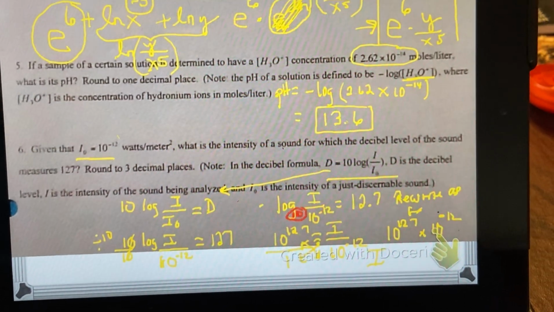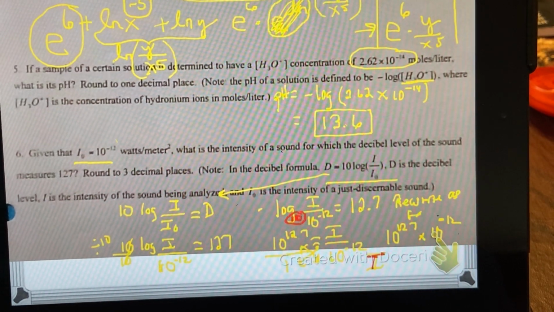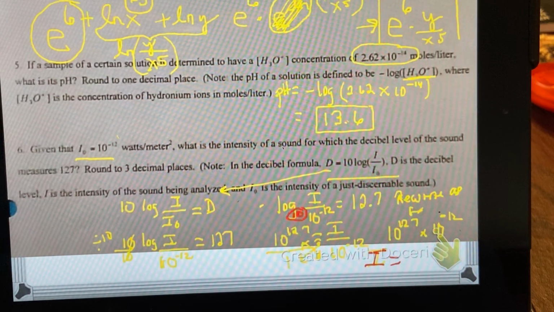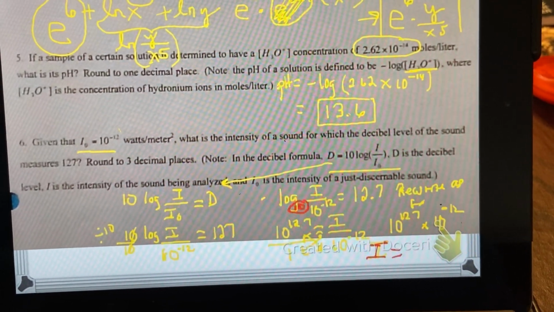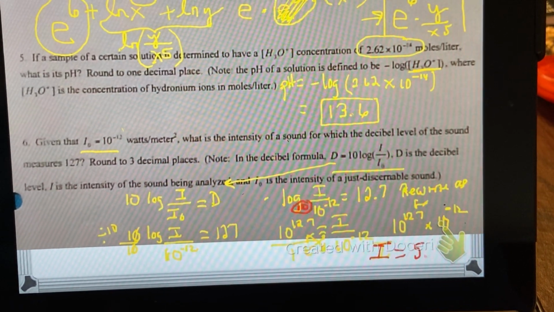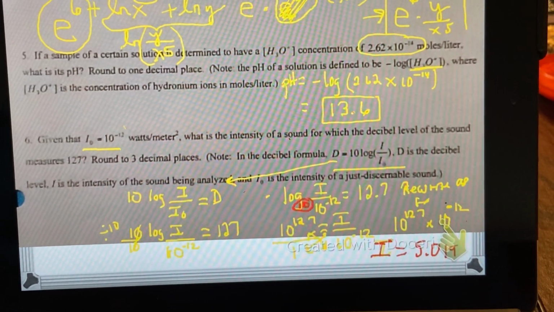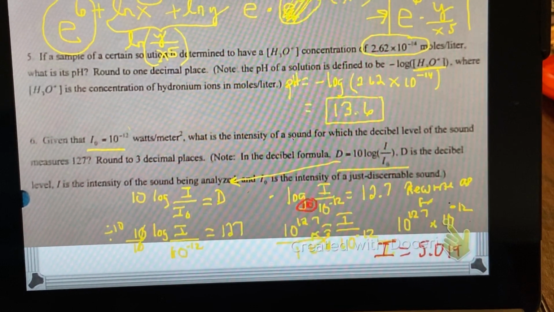So let me change colors so you can see it. When I multiply this in the calculator, 10 to the 12.7 times 10 to the negative 12, I get 5.019, and it's measured in watts per meter squared.